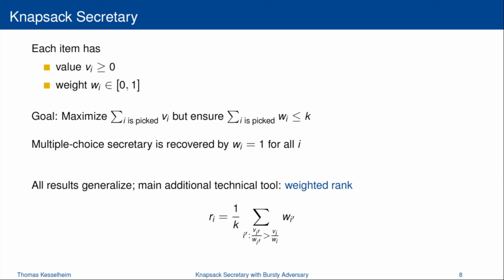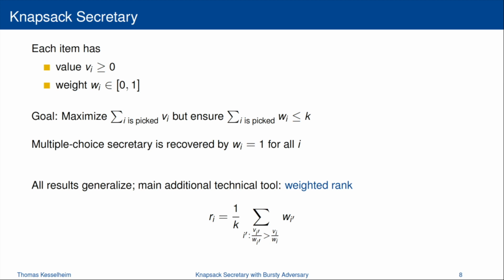If you solve the fractional knapsack problem, then you can do this with the greedy algorithm. And this greedy algorithm picks items by decreasing value density, where the value density of an item is its value divided by the weight. The weighted rank of an item is now the fraction of the knapsack that has already been filled when we start picking this respective item.